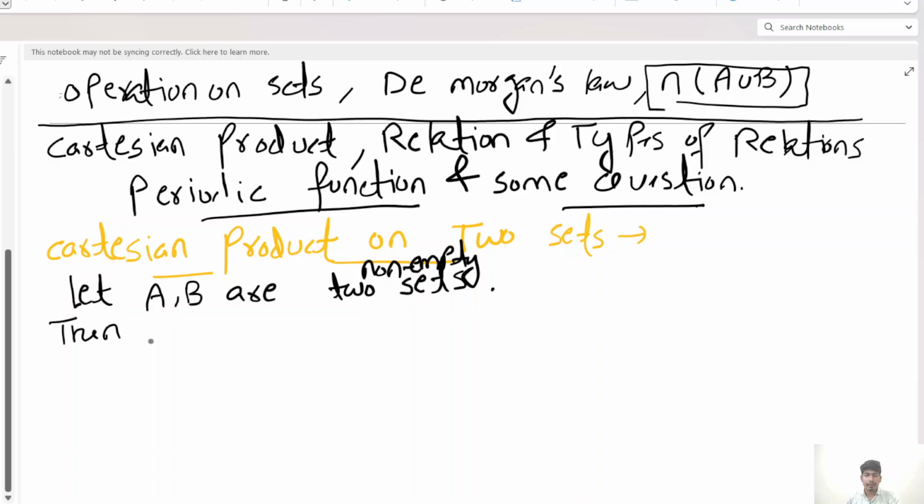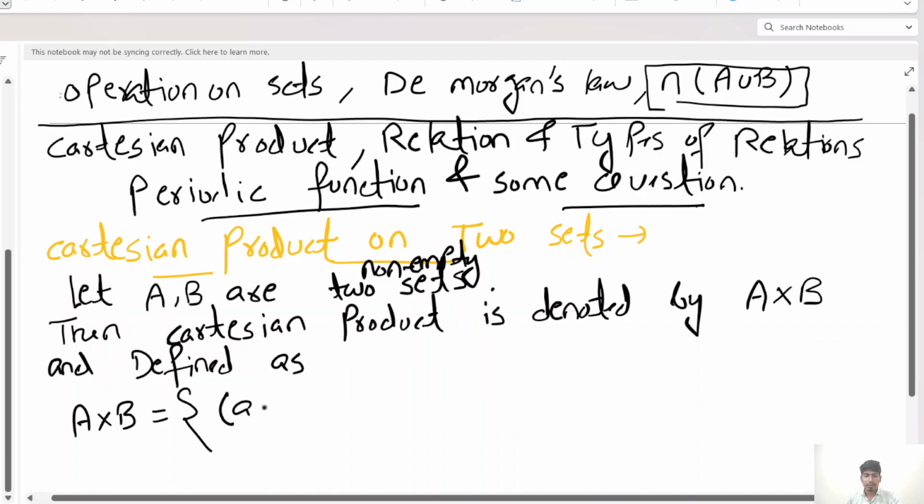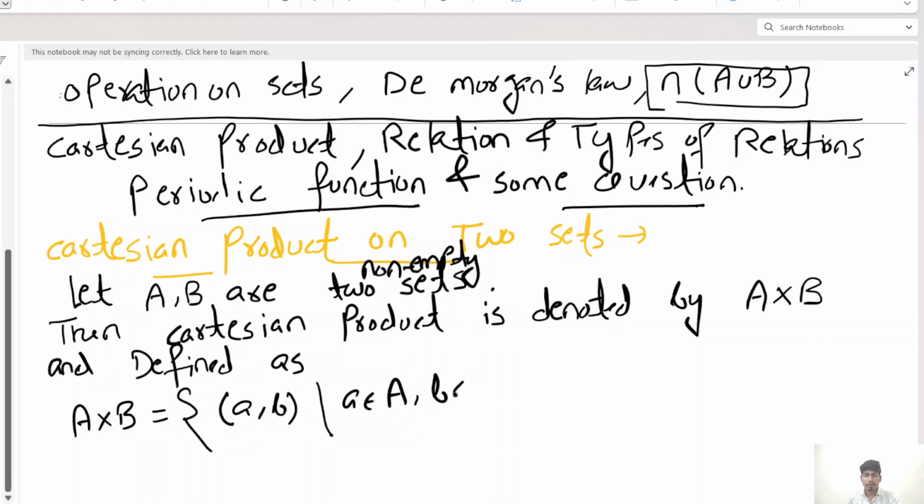Then Cartesian product is denoted by A cross B, and defined as A cross B is the set of (a, b) such that a belongs to A and b belongs to B.